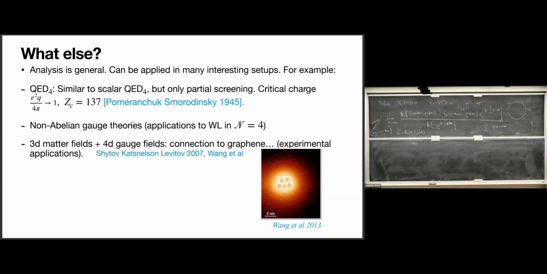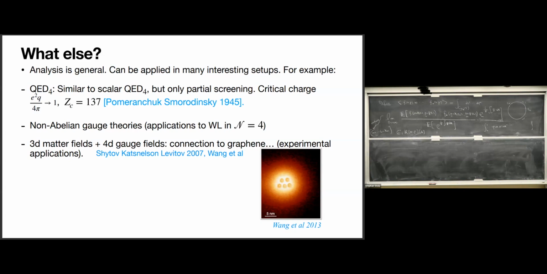However, you can see this phenomenon that I discussed, the screening and the cloud of matter, if you discuss systems of graphene. Because what happens in graphene is that the fine structure constant is much bigger than 1 over 137. It's like 2. And then you can see this effect in a real-life laboratory.